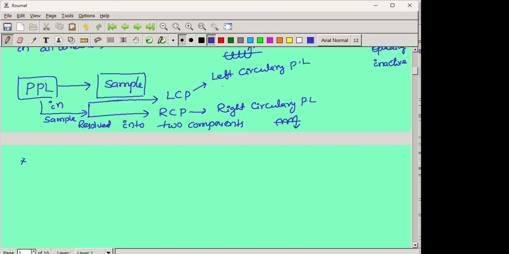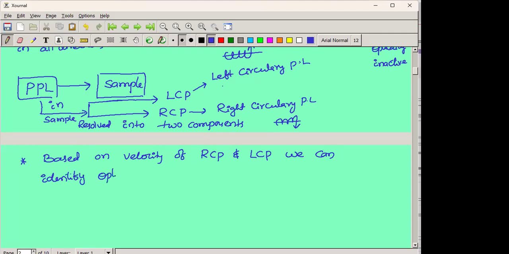So here, based on the velocity of RCP and LCP, we can identify the optical rotation.